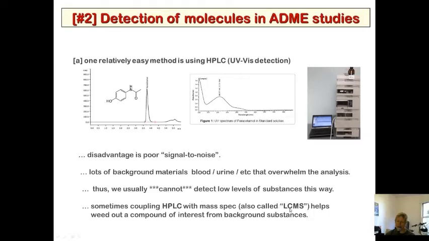So you can configure the mass spec and the software to show you just the molecular weights that you're interested in. This kind of solves the problem of background. Not perfectly, but it's definitely one solution. And a lot of labs have mass specs and LCMSs, so it's a pretty easy solution to implement.